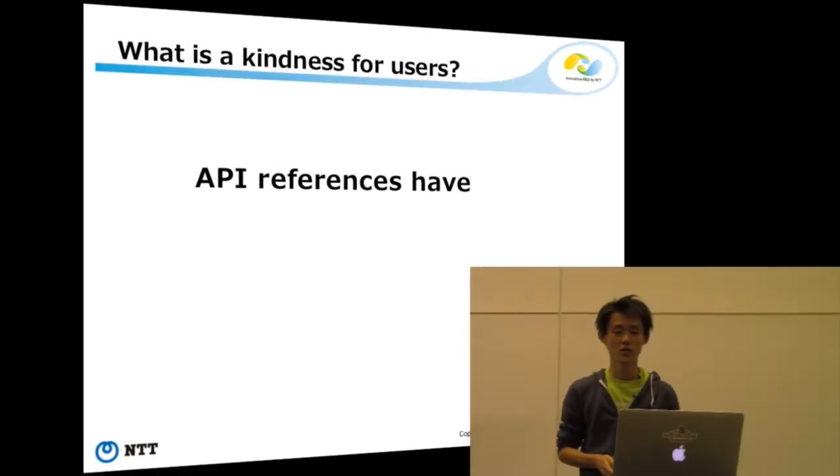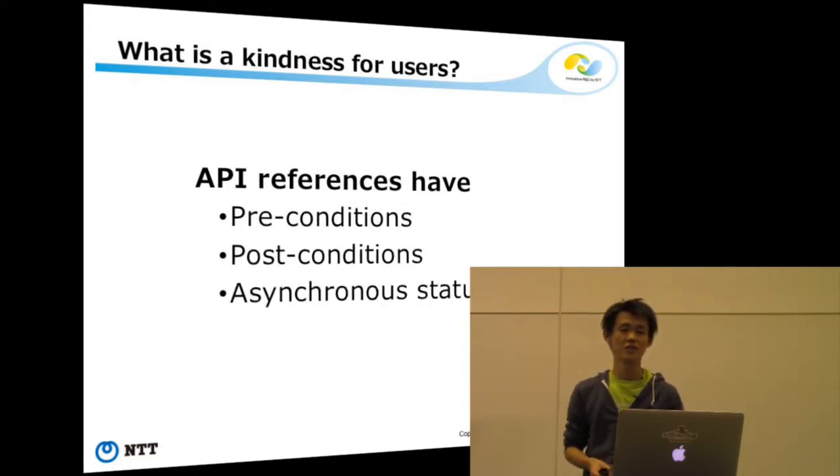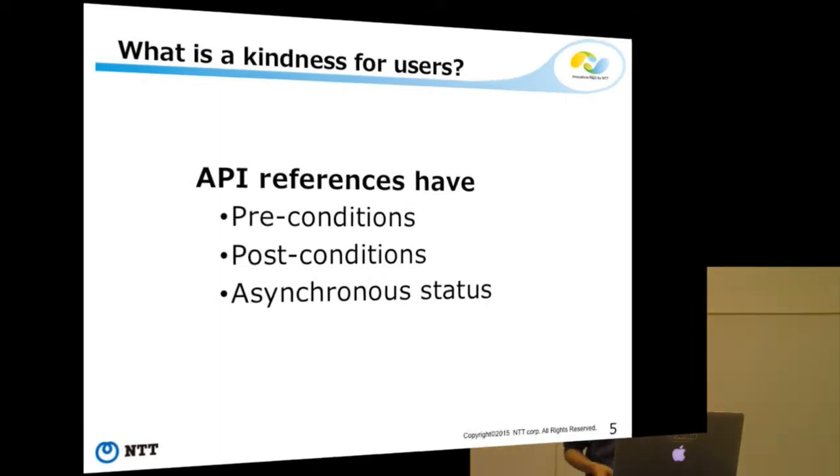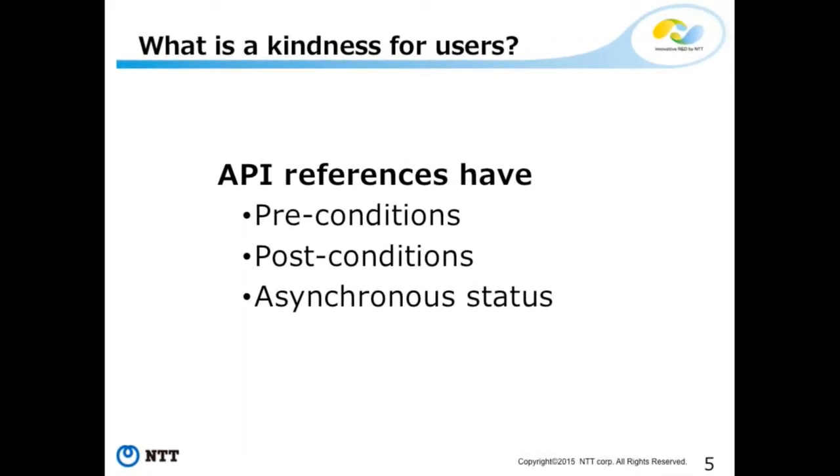First of all, the user wants to know when the server accepts the user request. Second, the user wants to know the result of each API they called. If a server returns the result of a request, the user wants to know what is changed by the request.